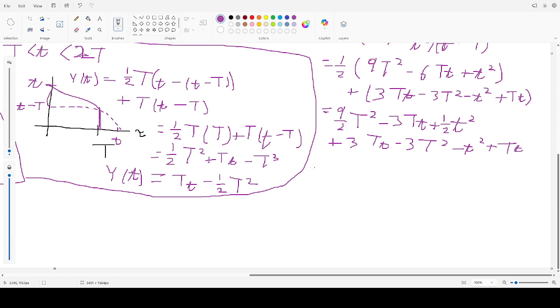And all that equals minus 1/2 little t squared plus 1 big T little t plus 3/2 big T squared.